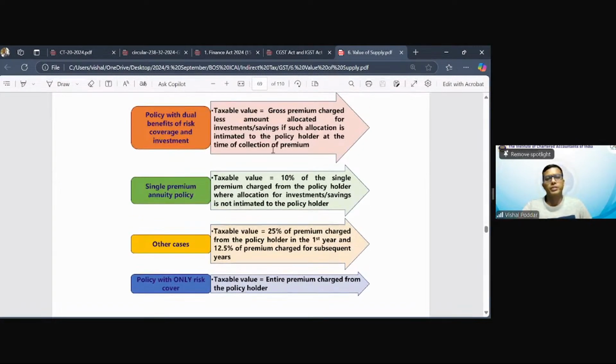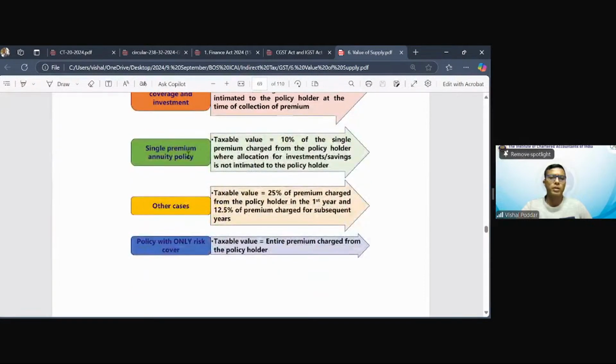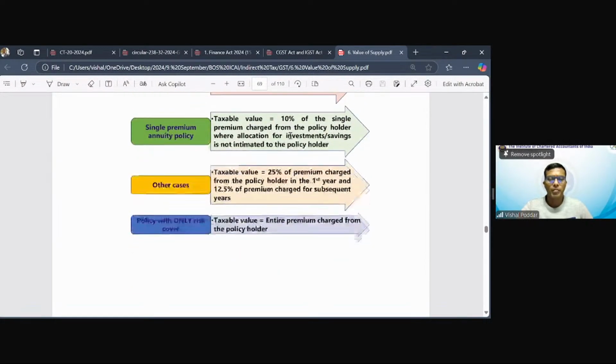So see the difference. All the first three are endowment policies, where some amount will be for insurance, and the remaining will be for investment. In this, if the breakup is known, you will take the gross premium charge, but from that you will deduct the amount which is given as breakup for investment, and the balance is for insurance, which is taxable. If it is a single premium policy, simply take 10% of the single premium amount.